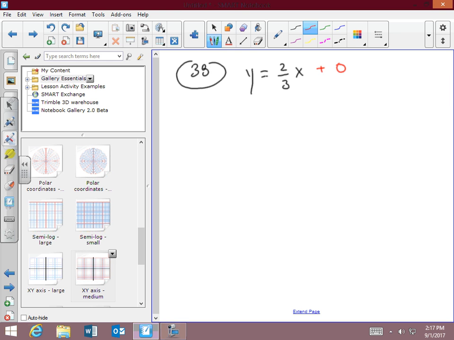Now then, you have the form y equals mx plus b, where your slope is 2/3 and your y-intercept, x is 0, but now y is 0.